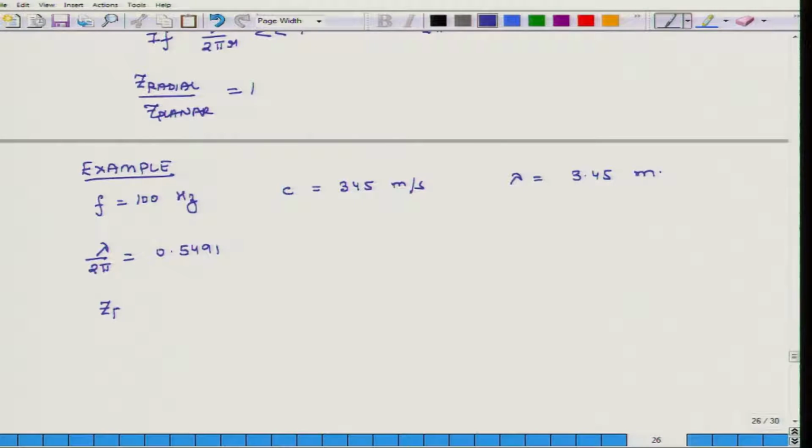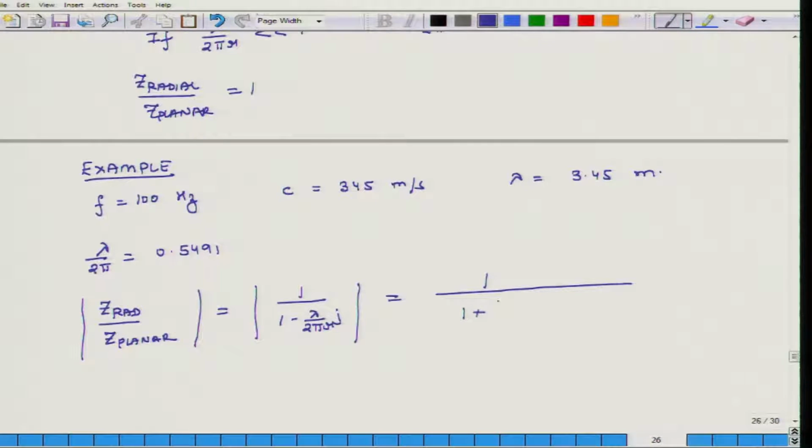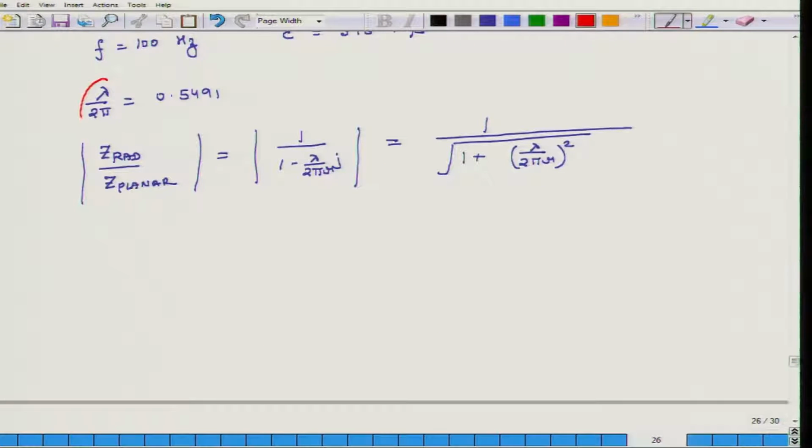Now, z radial divided by z planar, if I have to find its amplitude, it is equal to 1 over 1 minus lambda over 2 pi r j. So, I have to take the amplitude of this entire thing, and this is equal to 1 divided by the square root of 1 plus lambda over 2 pi r whole square. We know that lambda over 2 pi is 0.5491 if f is 100 hertz.